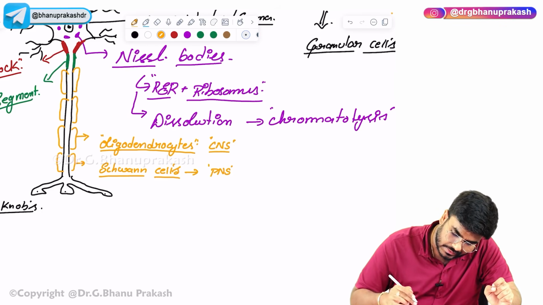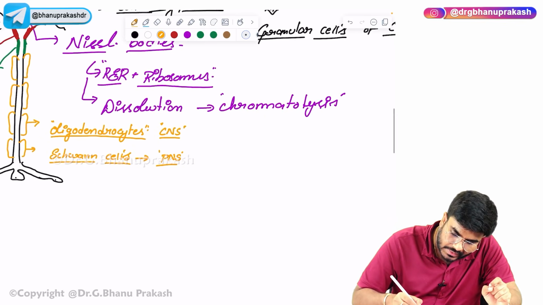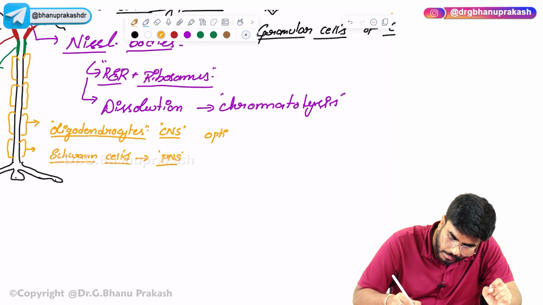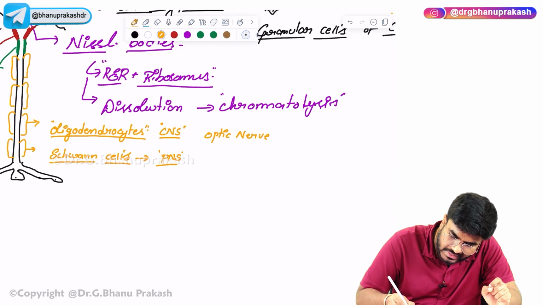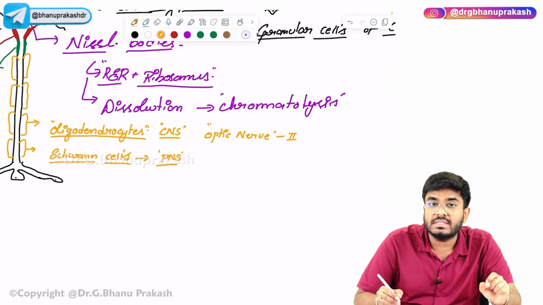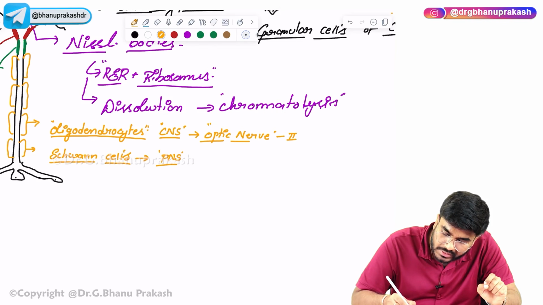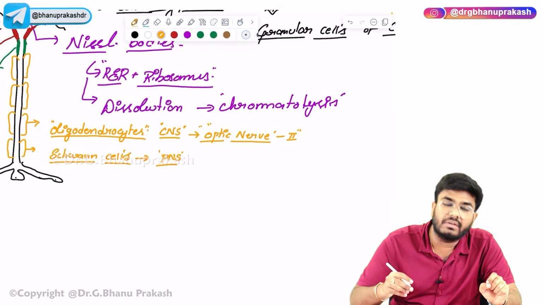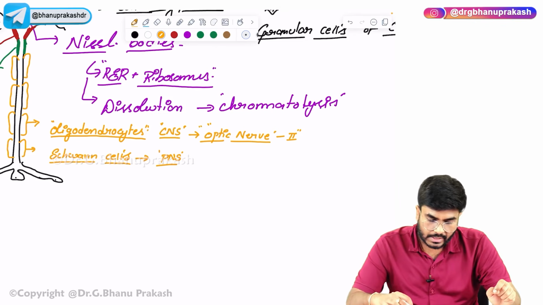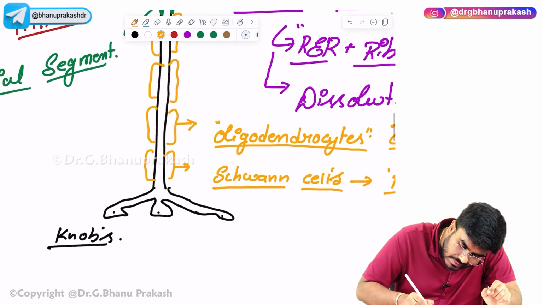The exception is the second cranial nerve, the optic nerve. It should be myelinated by Schwann cells, but that's the exception. Oligodendrocytes are going to do the myelination of the optic nerve. Remember that point.